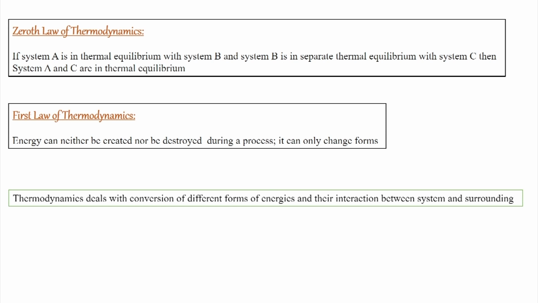We have basically different forms of energies, something like work and heat. Work and heat are two different forms of energies. Then we will have some mechanical work, we will have electrical work, we have shaft work.